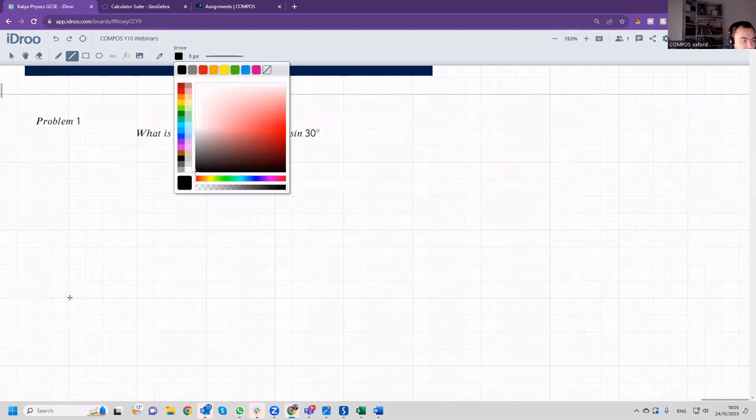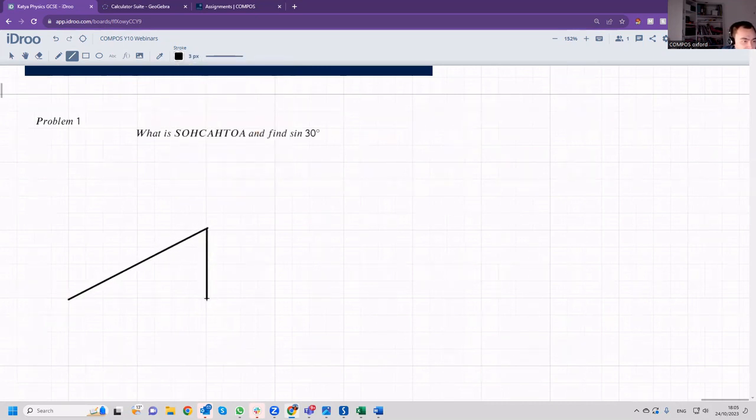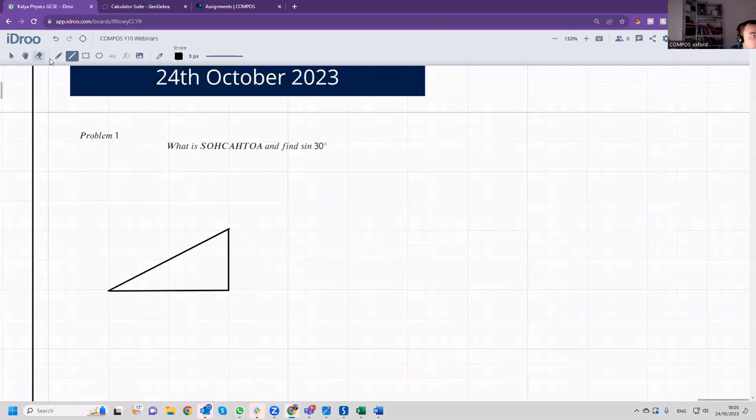So if you have a right angle triangle, and there's an angle, let's call the angle theta. Opposite divided by hypotenuse. So this is the opposite side. This is the adjacent side. This is the hypotenuse.